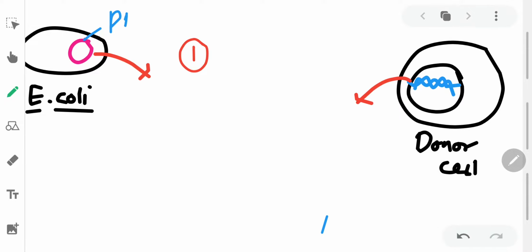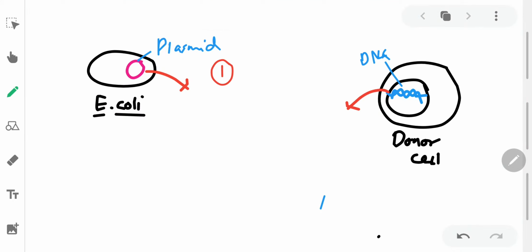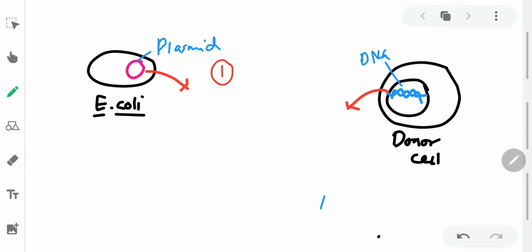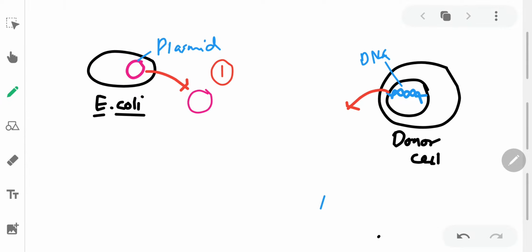This is plasmid, and this is the DNA. So during isolation, plasmid and the DNA will be isolated. So di sini plasmid dan di sini ialah DNA. This is the DNA.